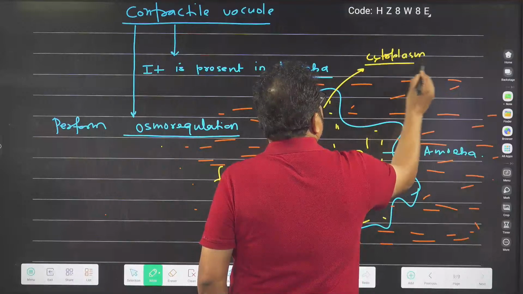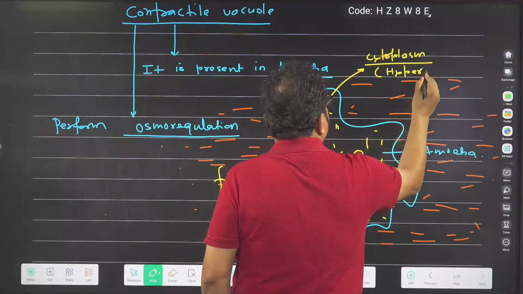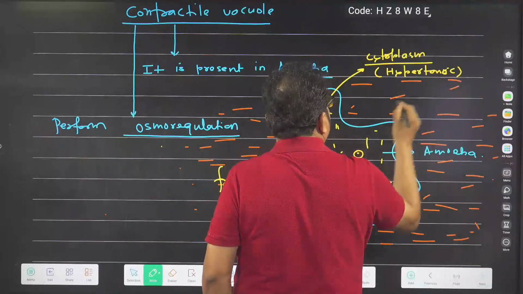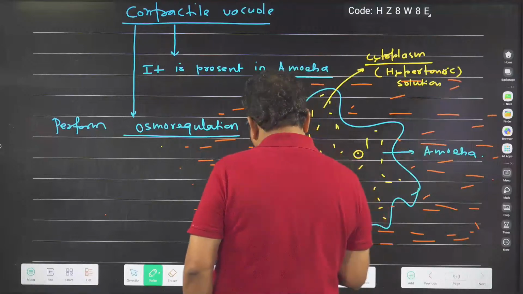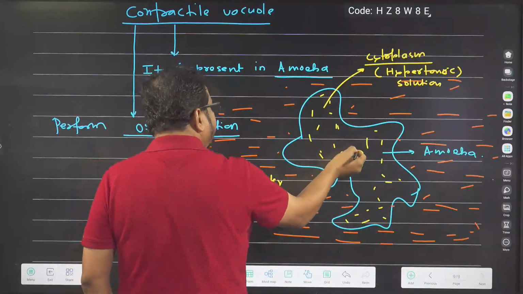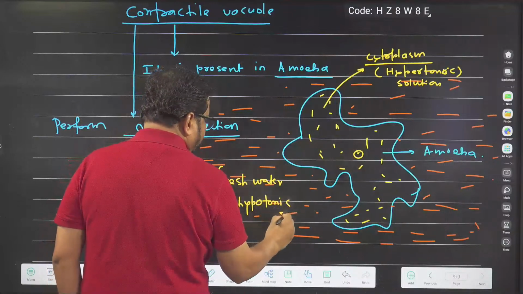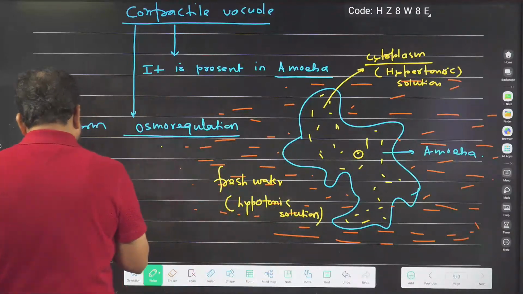And the cytoplasm here is a hypertonic solution, and fresh water is a hypotonic solution in comparison to the cytoplasm.